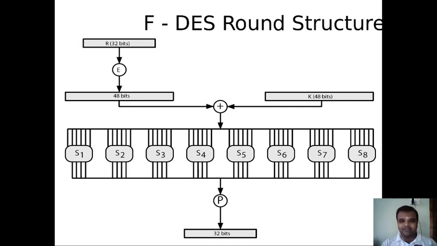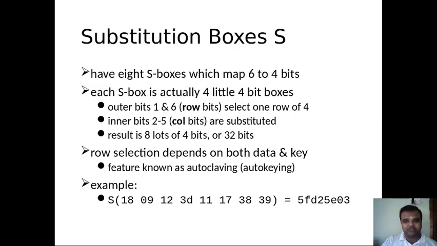And this is what goes into the next round. This 32 bits goes into one side, and the other 32 bits comes in, so you have 64 bits going into the next round.